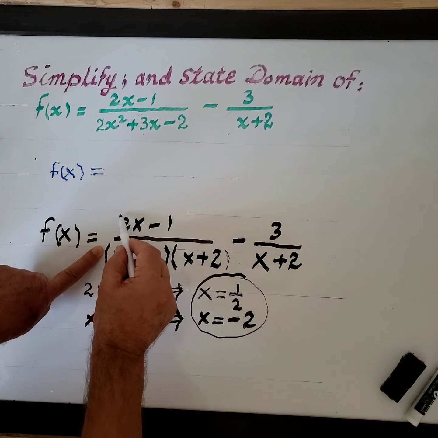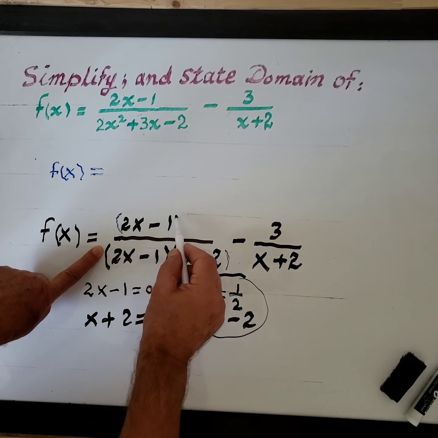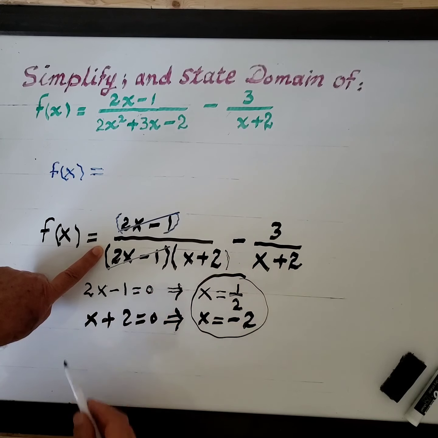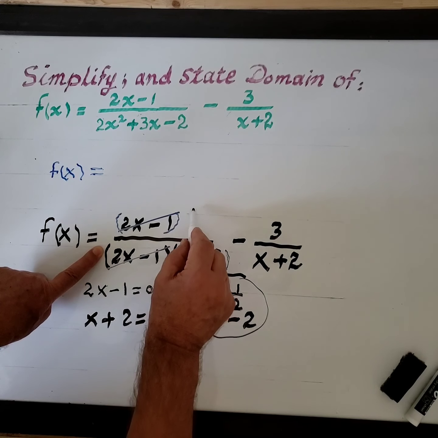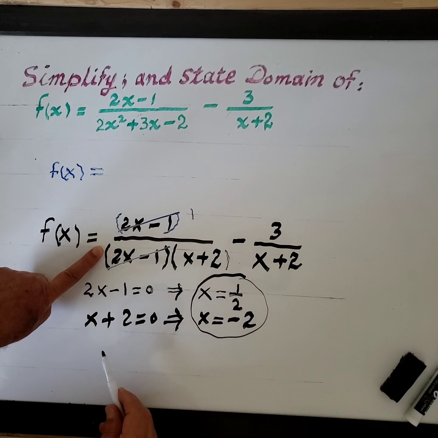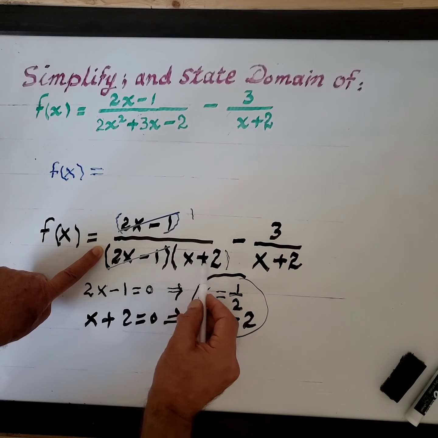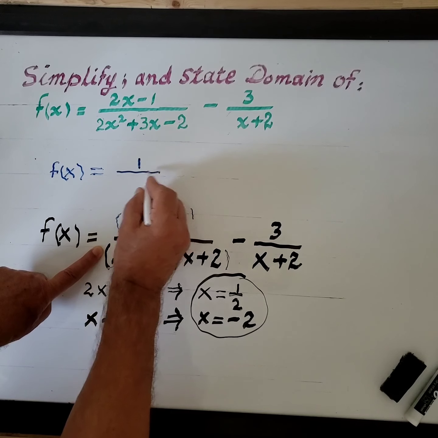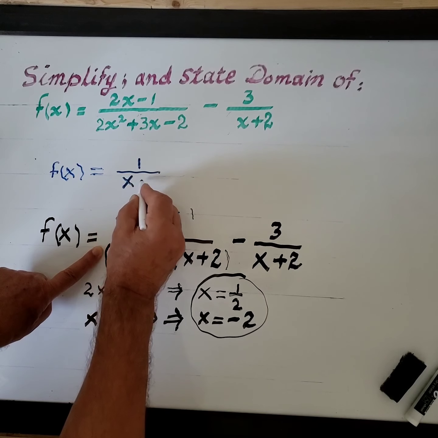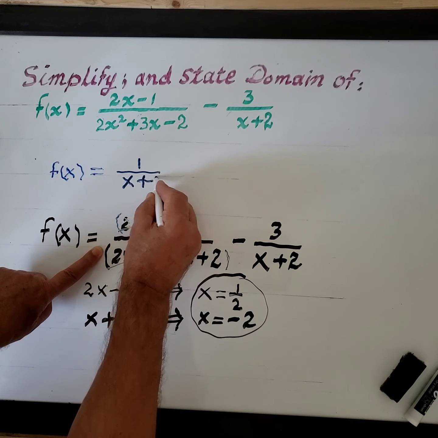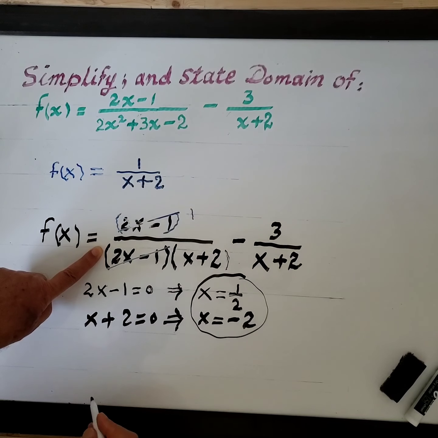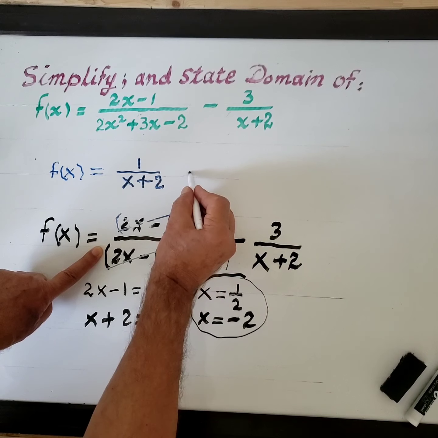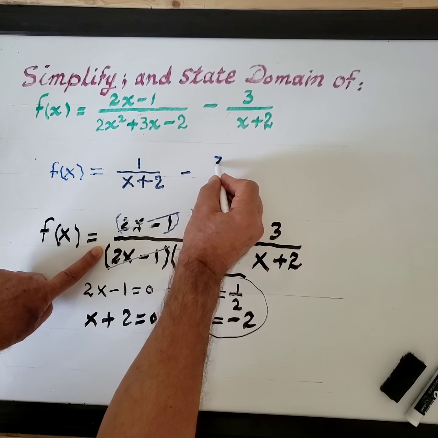When we make cancellation for this factor or this factor, here stays 1, so 1 over (x plus 2), and this we rewrite without making any change.